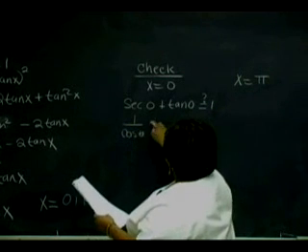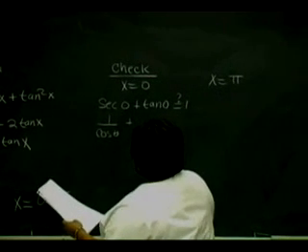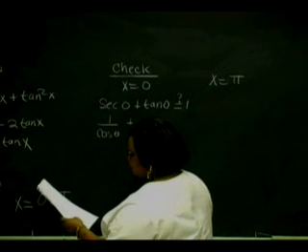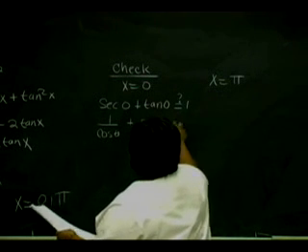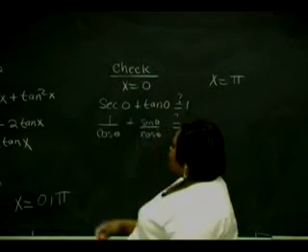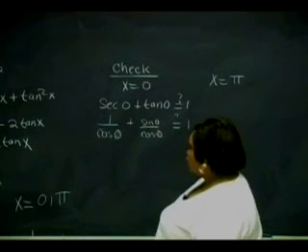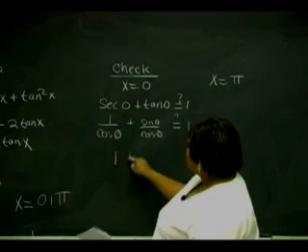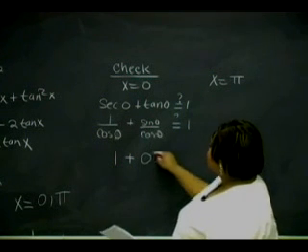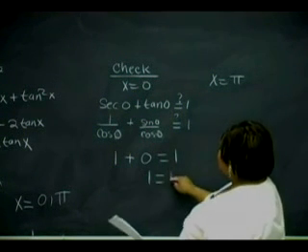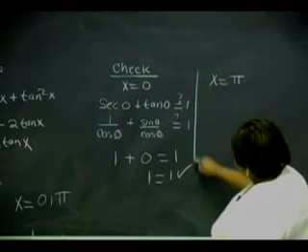It's 1 over cosine 0 plus tangent 0. Cosine 0 is 1, and 1 over 1 is 1. Sine 0 is 0, so that's 0 over 1, which is 0. So yes, 1 equals 1, that checks. 0 is a solution.